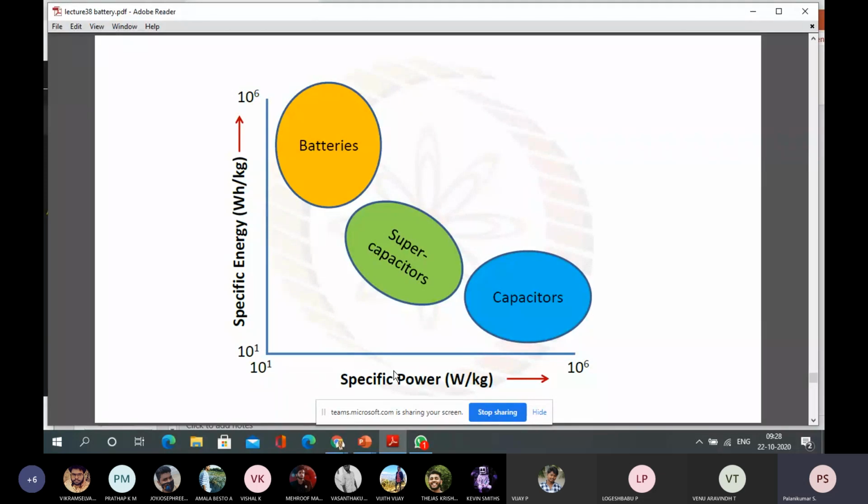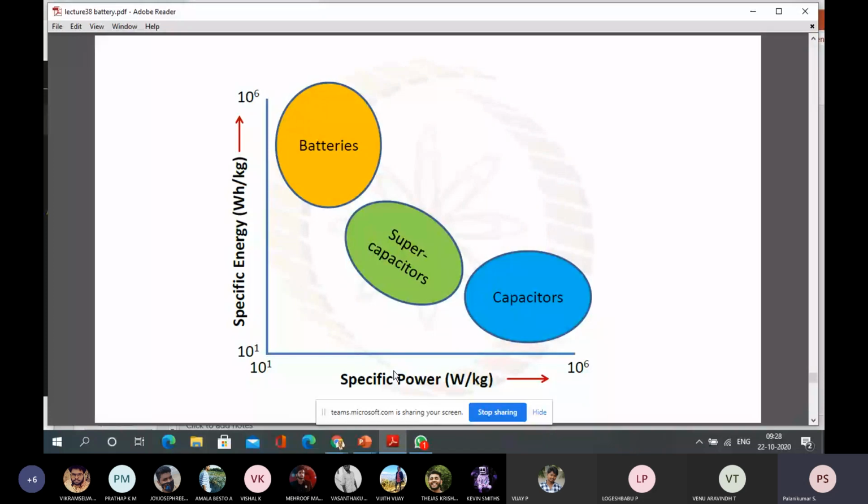In this case, supercapacitors play a very good role. They have a very good specific energy and also a specific power capacity. Capacitors do not have high specific energy, whereas batteries do not have high specific power. So in between, supercapacitors have a considerable amount of both specific power and specific energy.